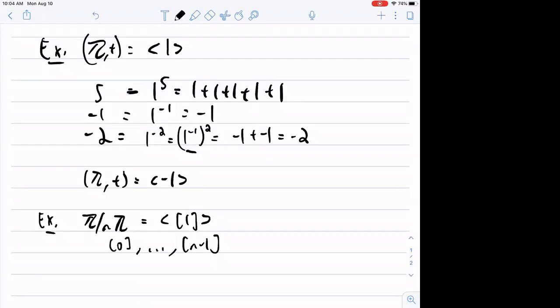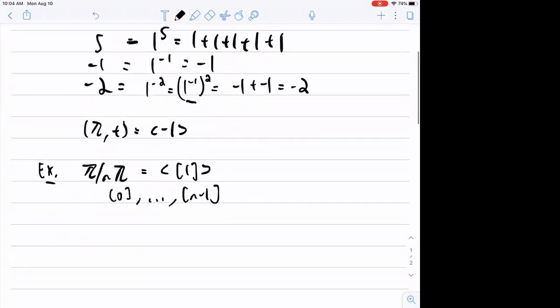If you like, 1 to the 0 is 0, but if you don't like that, 1 to the n is the class of n, and n has remainder 0 when dividing by n. However you want to think about it, it's also 1 to the 0. So you get every element by taking the class of 1.